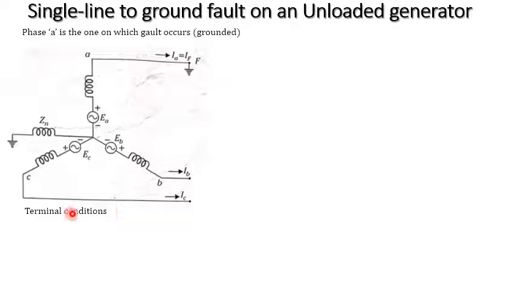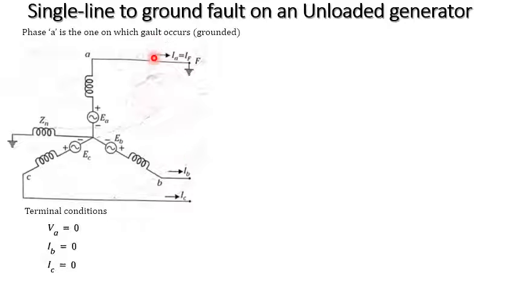The terminal conditions are: VA is equal to 0, IB is equal to 0, and IC is equal to 0. So where the fault takes place, if it is grounded, the voltage will become 0, and in the healthy phases the current is going to be 0.